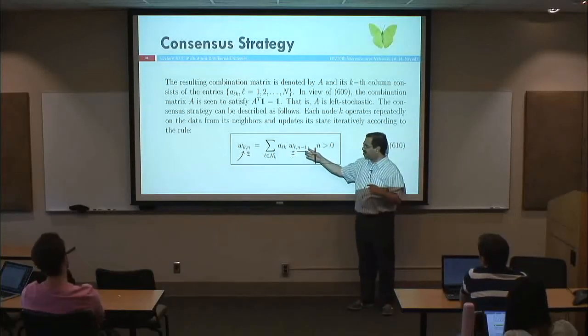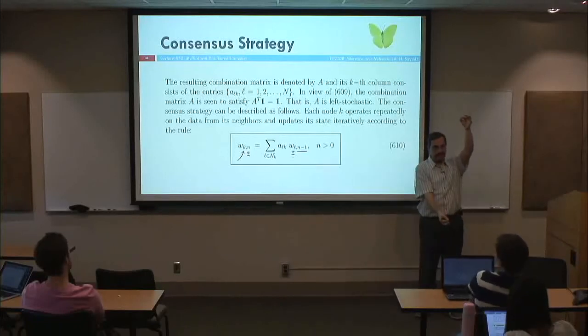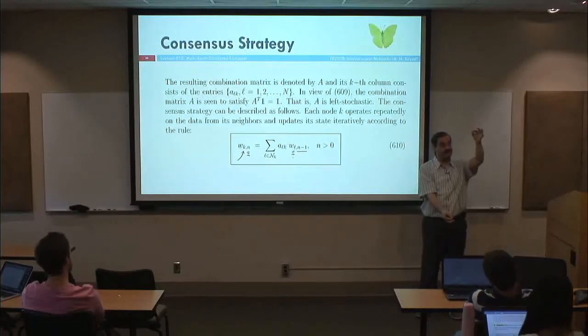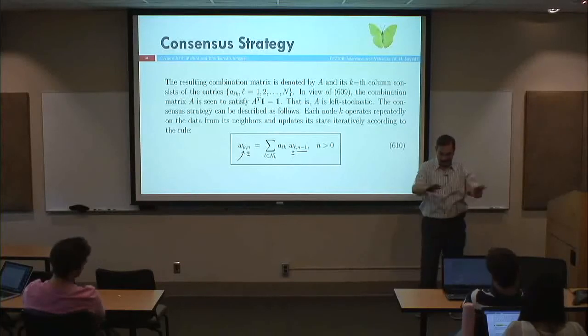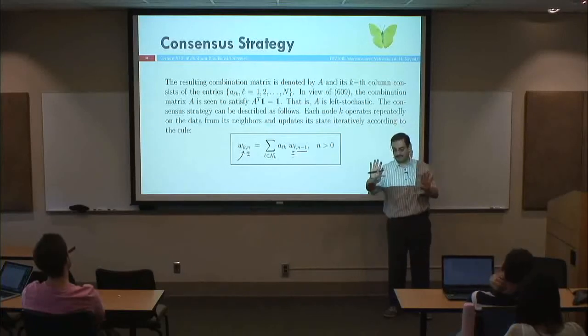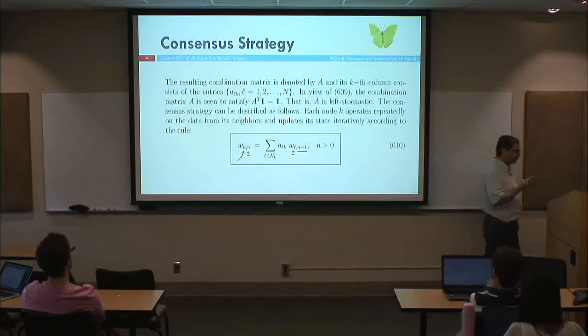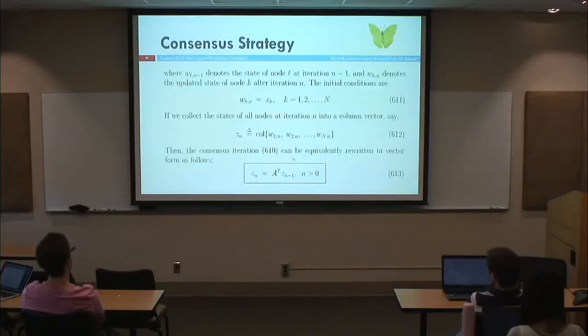I can rewrite this more compactly as follows. Let's define a long state vector which contains the w at each agent. If I look at time n, I will see these w's. If I look at time n minus 1, I will see these w's. And there is a relation between this vector and that vector. You just get it from here. It's a first order recursion. So here it is. Let's define z sub n.